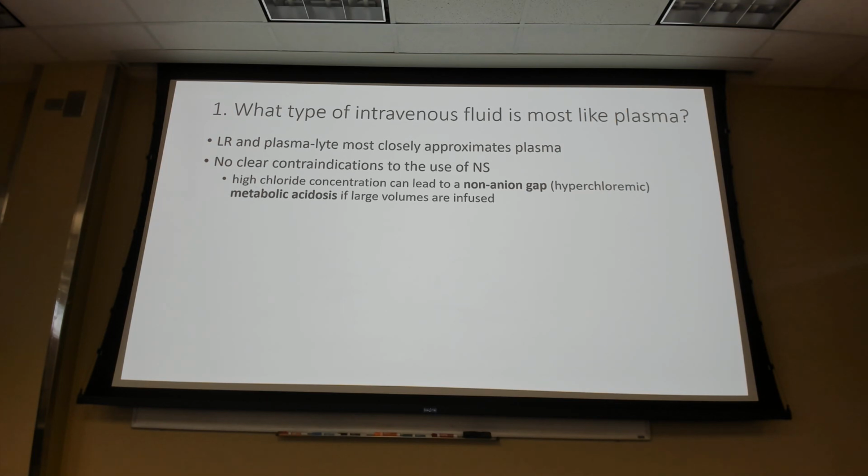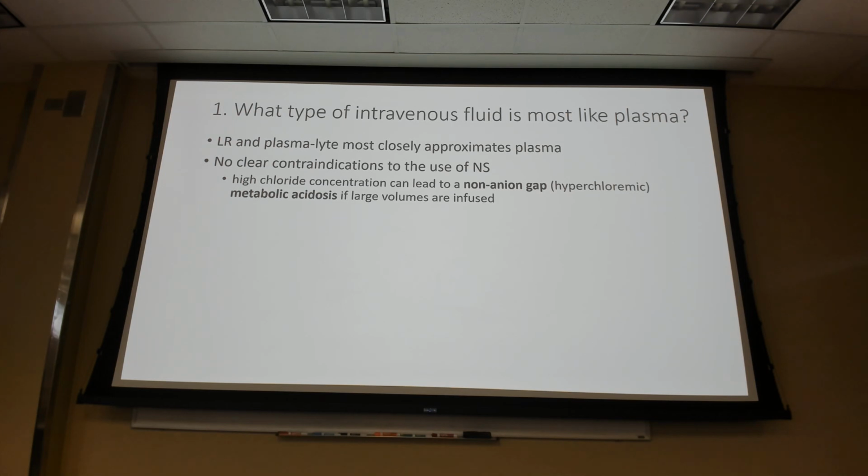Preferably, for most resuscitations, LR is better, and Plasma-Lyte is obviously a great option, but it's typically more on the inpatient side of the house. Large volumes of normal saline can lead to a non-anion gap metabolic acidosis, because of the chloride in there and those ion differences. It's typically around 40 is the difference.